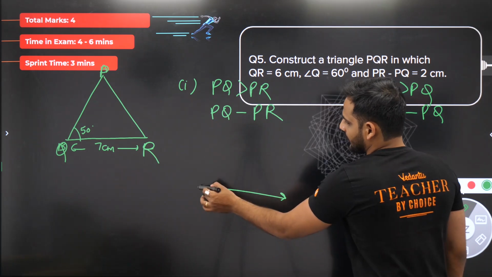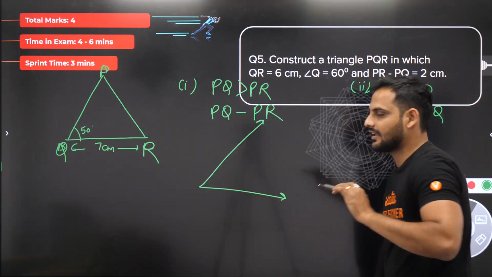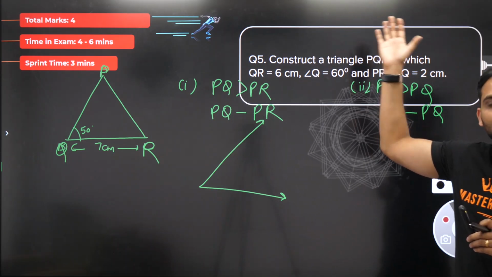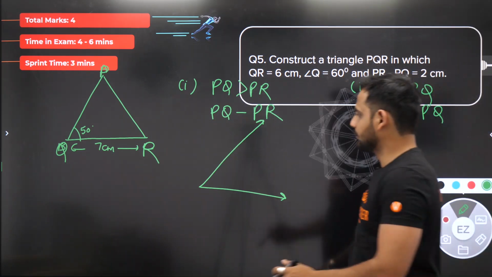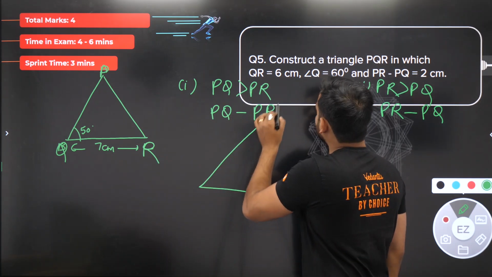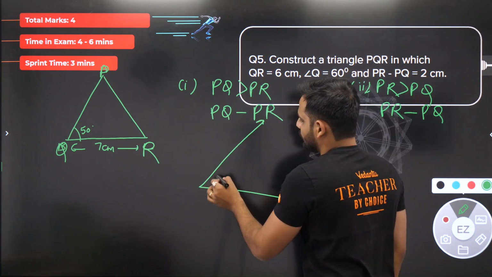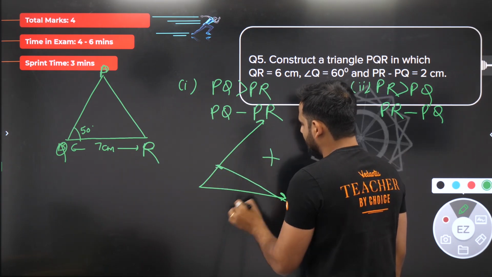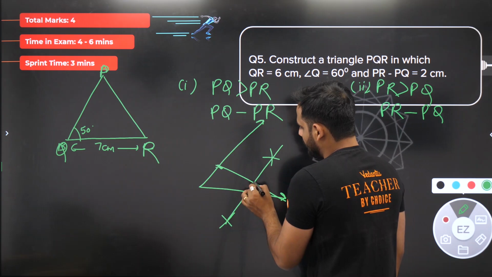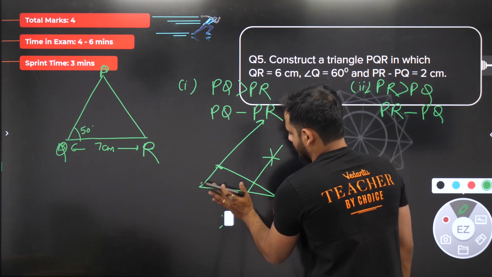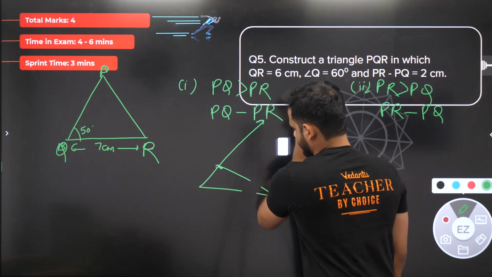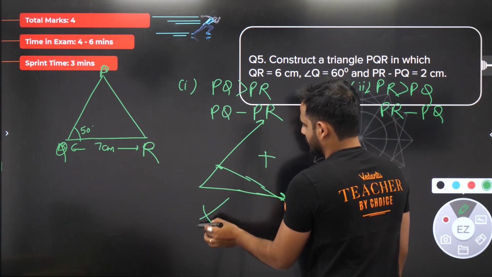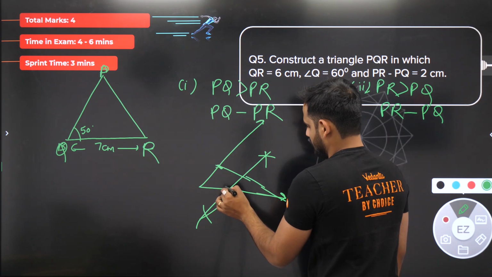the construction will be done the same as when the sum of two sides is given. We'll draw this line. Suppose it is given that PR minus PQ is 2 centimeter, so we'll make one cut at 2 centimeter, join it, and draw the angle bisector here. Wherever it intersects the given line, that will be your given point.